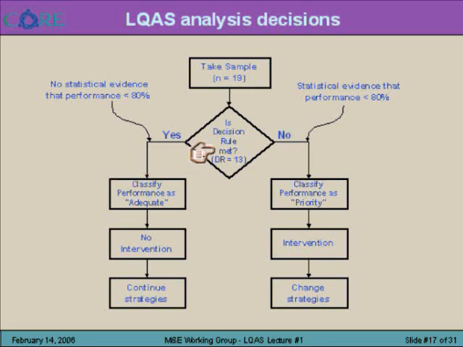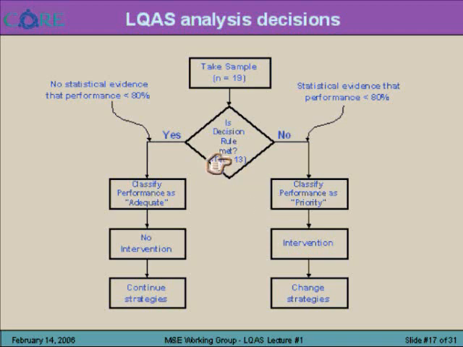Conversely, if the decision rule is not met, that is, if the number of correct responses is less than the decision rule value, then we can classify the performance in that supervision area as a priority or high-risk supervision area, depending again on the indicator being assessed.